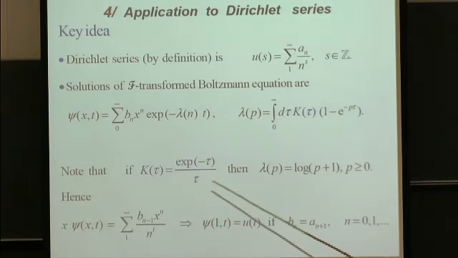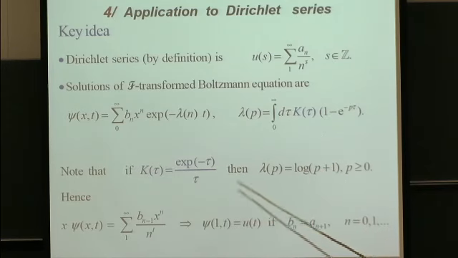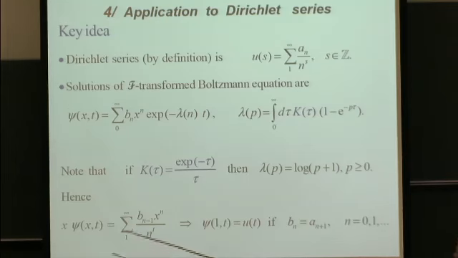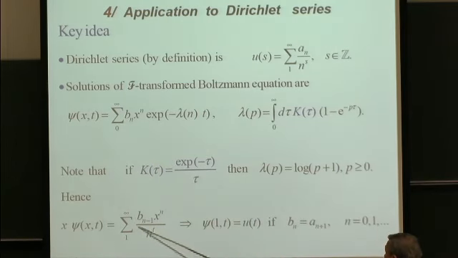And therefore, it is very easy to make this calculation. I made it, of course. And then x multiplied by this function will have the form the sum of b n minus 1 x to the n divided by n to the power t.